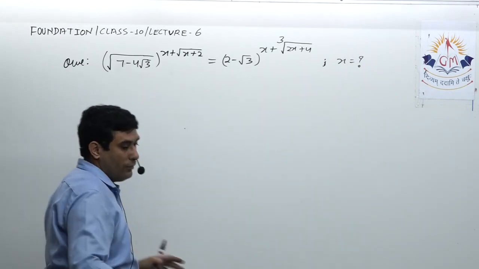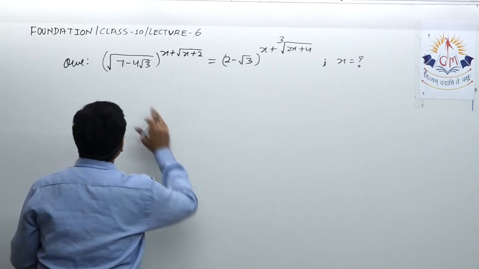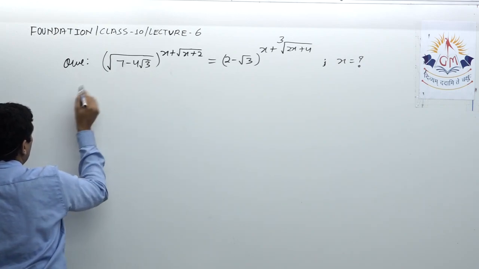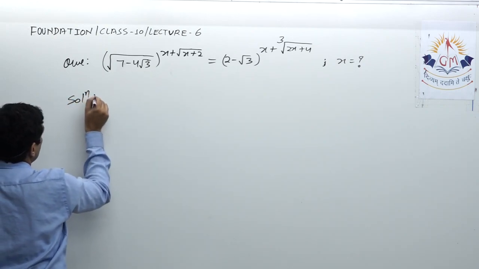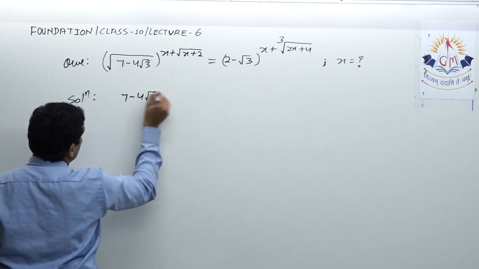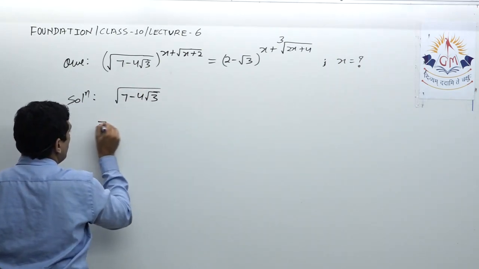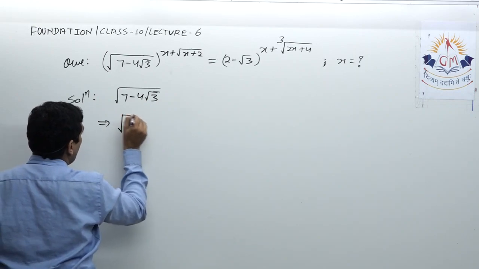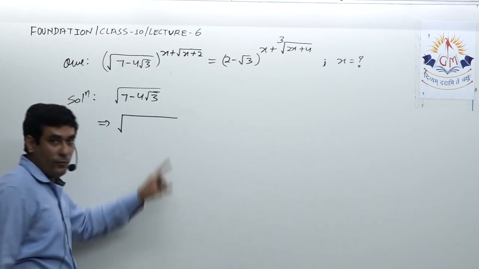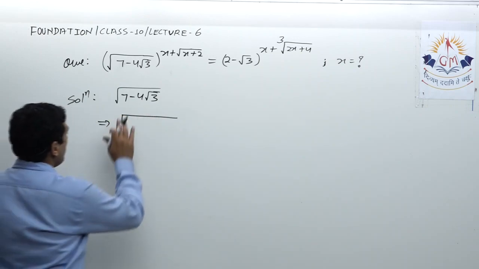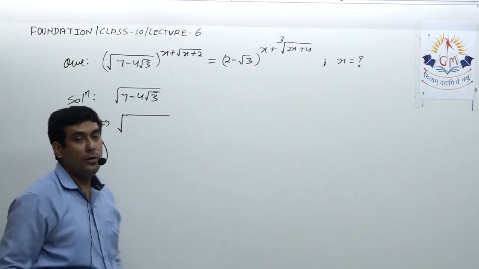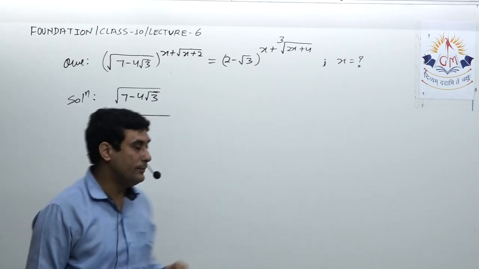So first of all, I find the square root of the base of the left hand side. So here 7 minus 4 root 3 is under a square root. Now first of all I have to write it in the standard form. This is not in the standard form. Standard form is a plus 2 root b or a minus 2 root b.